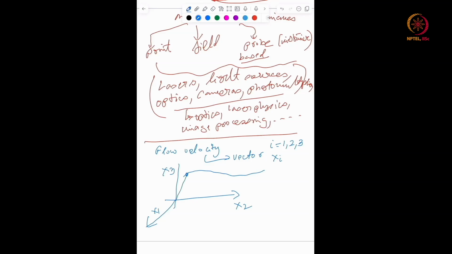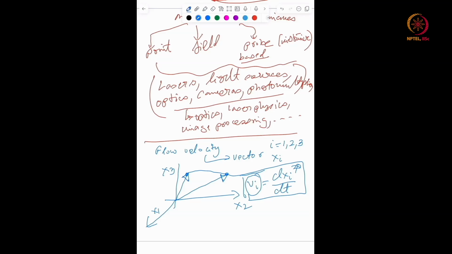Initially the position vector was this, then the position vector was this at some other point. So you have this change at two different times, t and some later time. Basically, your velocity is given as dxi by dt, which is high school. This is the velocity in any particular direction.